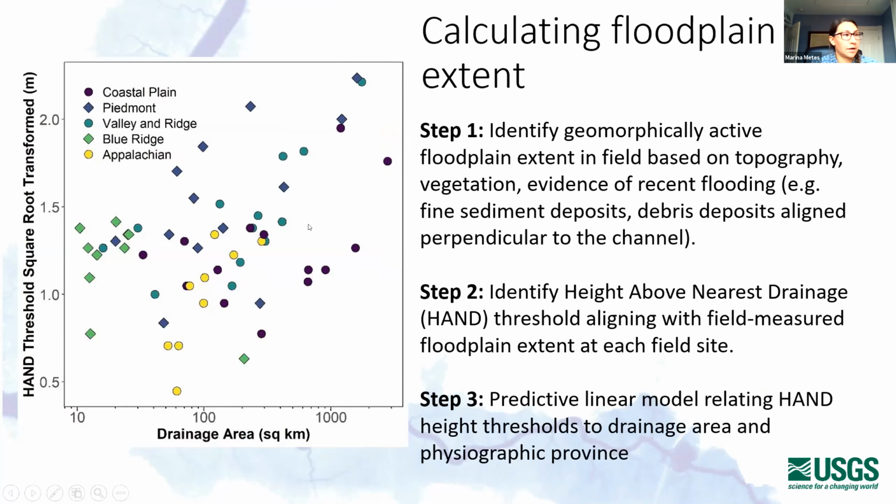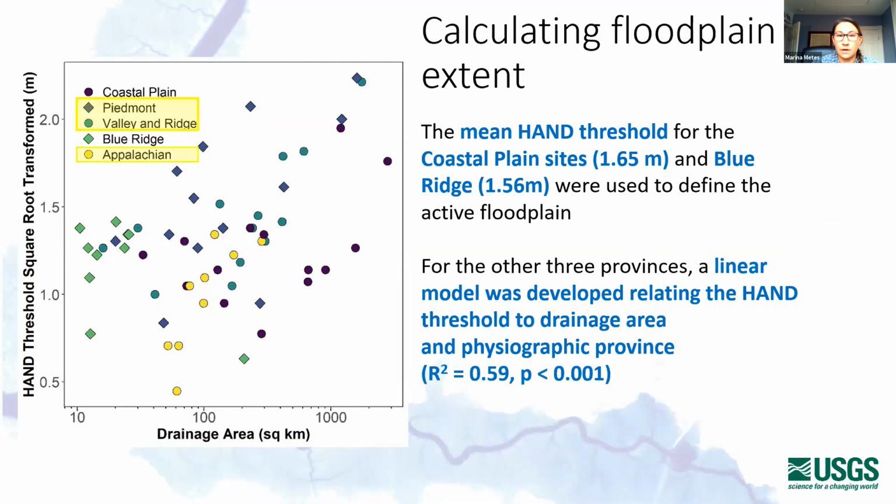Because we had our field sites spanning these 5 different physiographic provinces within the Chesapeake Bay and Delaware River watersheds, we tested out the model for each of these 5 regions. And we found that there was not a significant relationship between the HAND threshold and drainage area for 2 of our 5 provinces.